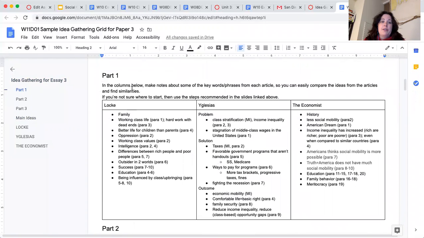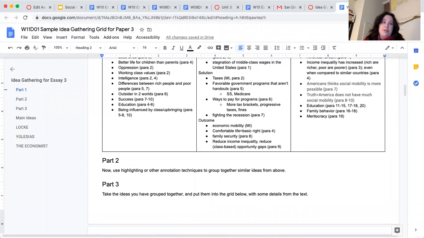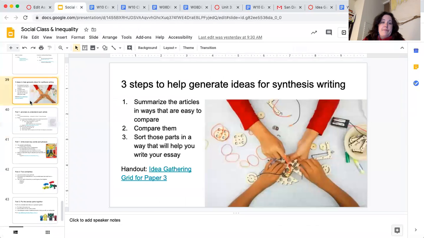So part one, in the columns below, make notes about some of the keywords, phrases, and articles, so you can easily compare the ideas from the articles and find similarities. So we've done that, and now we're going on to part two. We've summarized the ideas in a way that is easy to compare. Now we're going to compare them.